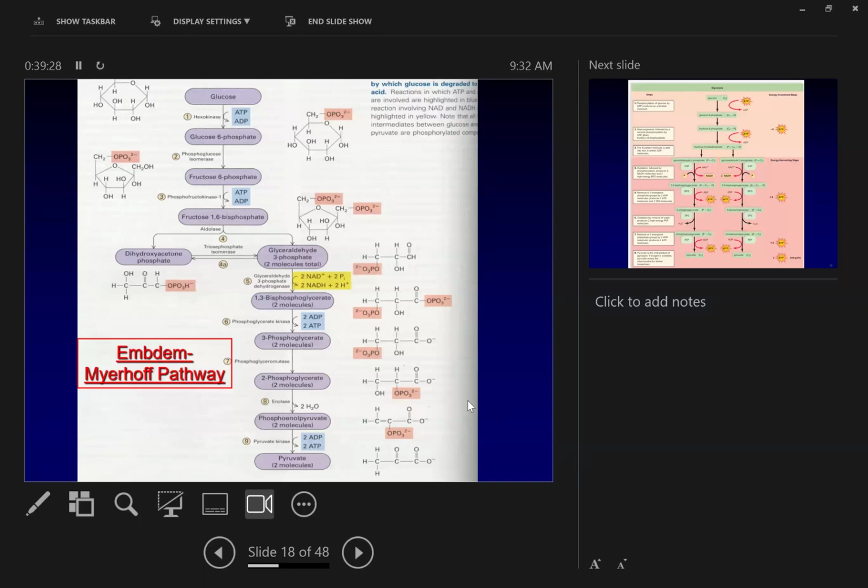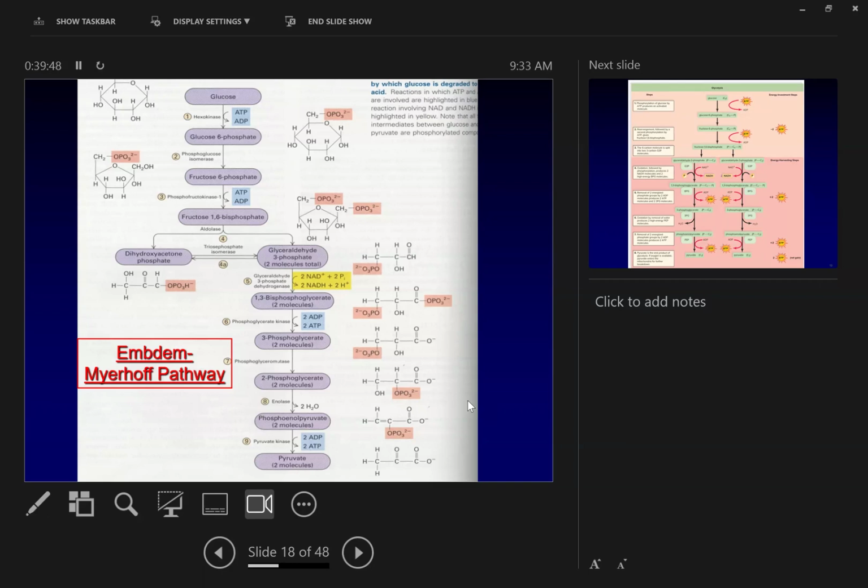Anybody remember? You wanna look up here and count carbons, how many carbons are on a glucose molecule? Abby? 6. This is very important, okay? Glucose is a 6-carbon molecule.